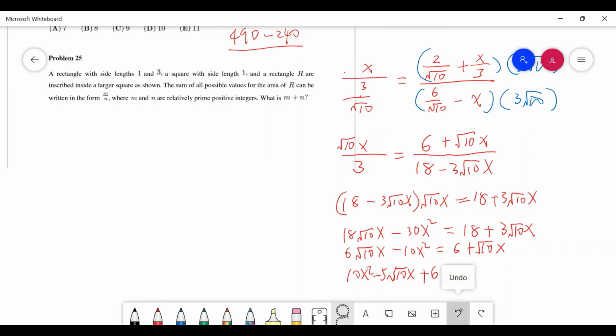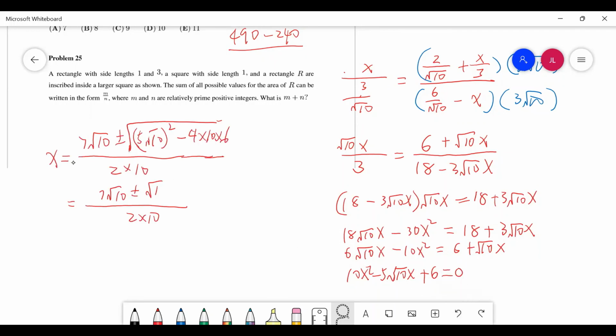Solve this quadratic using the quadratic formula. x equal to 5 square root 10 plus minus the square root of 5 square root 10 squared minus 4 times 10 times 6, equal to 5 square root 10 plus minus, inside here we have square root 10. All right, so we have two solutions.